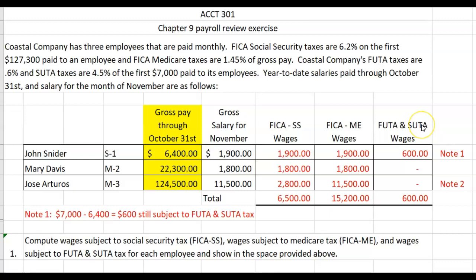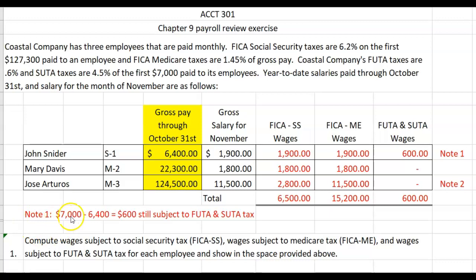But with FUTA and SUTA taxes, we have to be kind of careful for John Snyder, in that the annual wage base per employee is $7,000. Tax for John Snyder has already been paid on $6,400, so he is bumping up against the wage base for FUTA and SUTA tax.